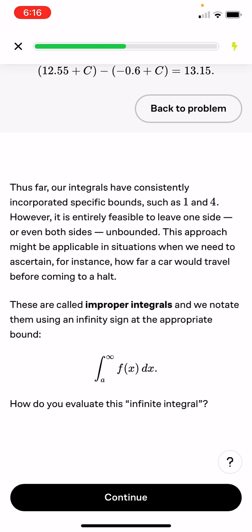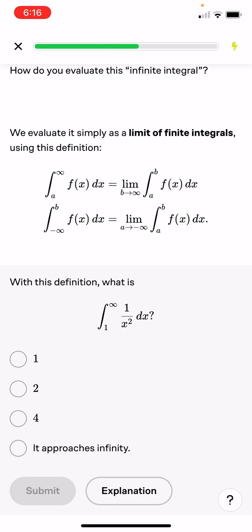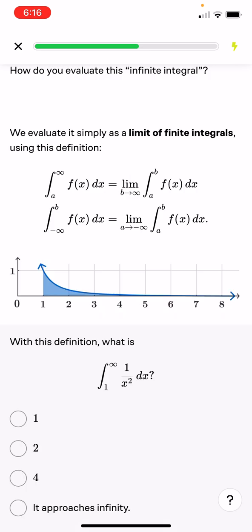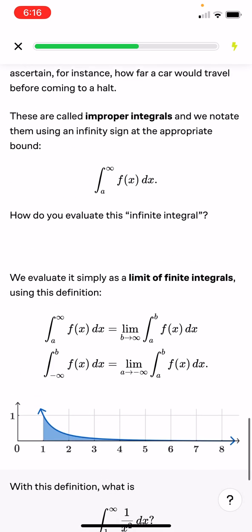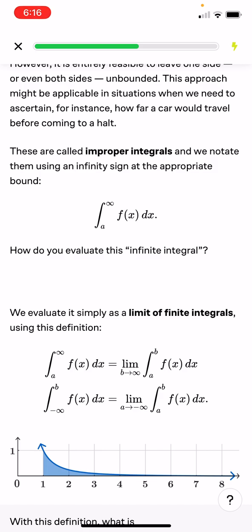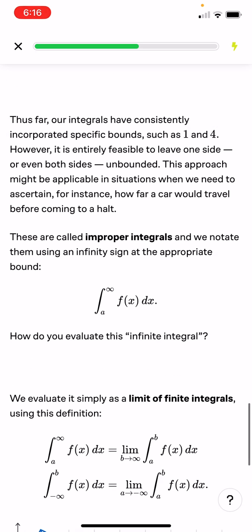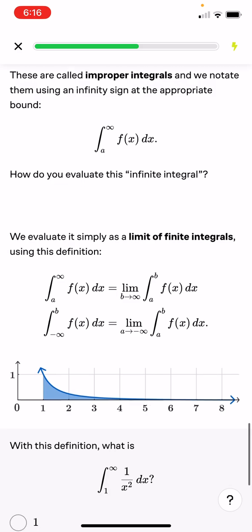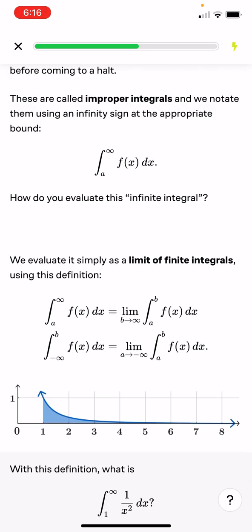Now, I'm sorry I got off track. Continue with what we were mainly here for. Infinite integral. How do you evaluate this infinite integral? As I was saying over here, we evaluate it simply as the limit of finite integrals using this definition.